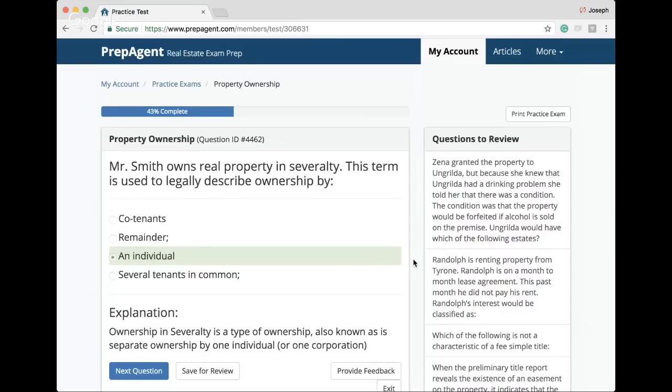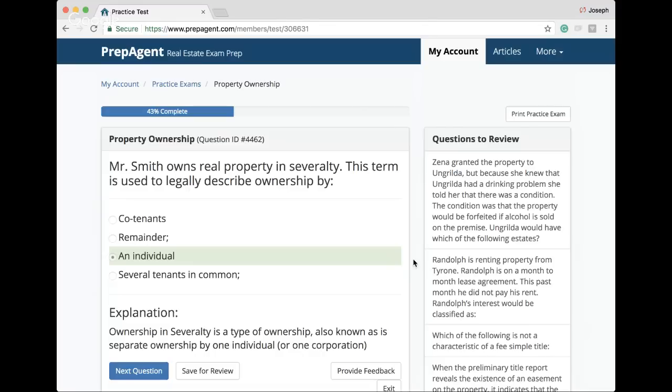Who could tell me the 2 types of concurrent estate that could come up on your real estate exam? There are 2 of them. What are the 2 types of concurrent estates? All right, you got joint tenancy and tenancy in common.